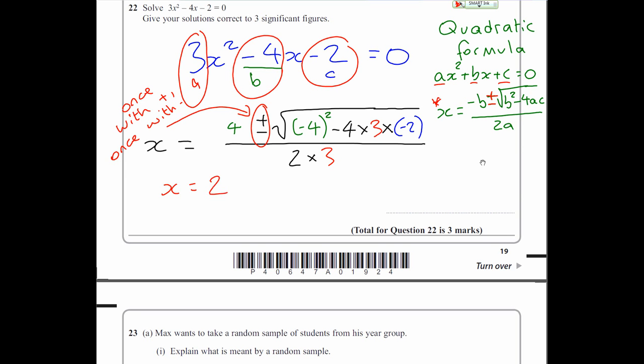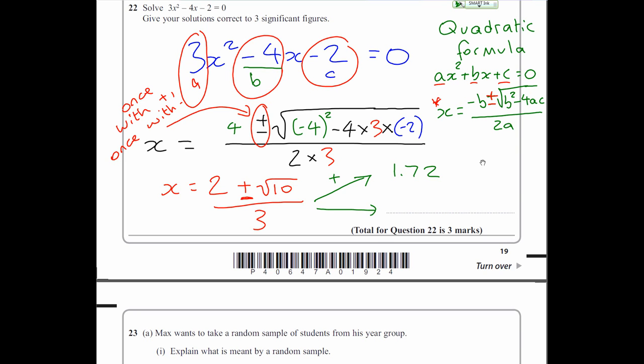Now, if your calculator says 2 plus root 10 over 3, that's good. Don't forget you've got to do it once with a plus and once with a minus. Let's do it once with a plus. With the plus sign on your calculator, press SD, get it as a decimal, 1.72.